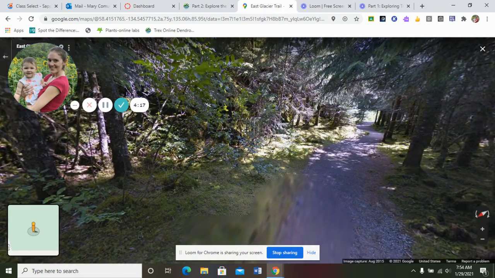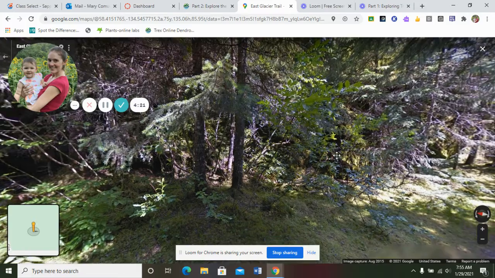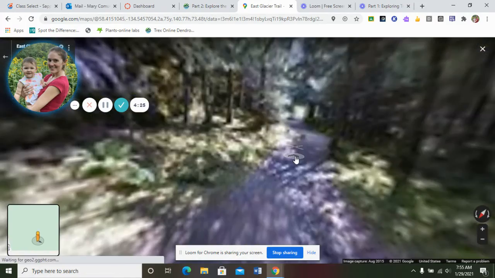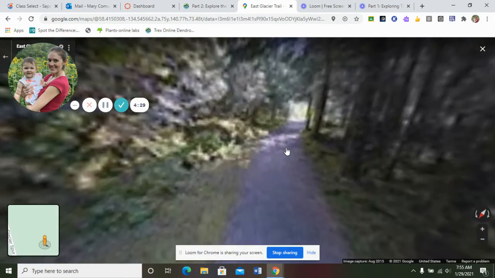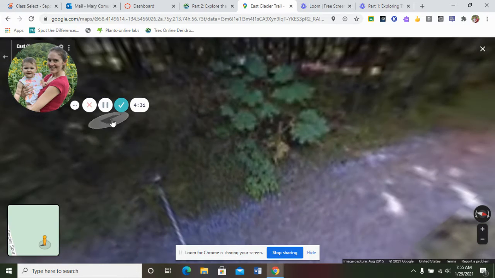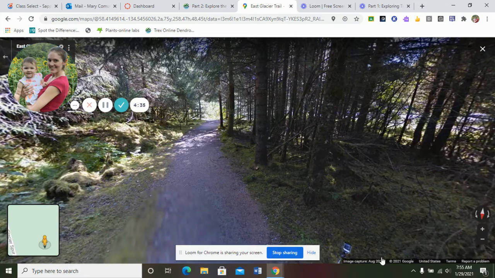Looks like it's mainly conifers. There are some shrubs or some grasses. This is a gravel path, and you can actually walk along the path. Here's a little flat leaf deciduous tree that's attempting to grow.